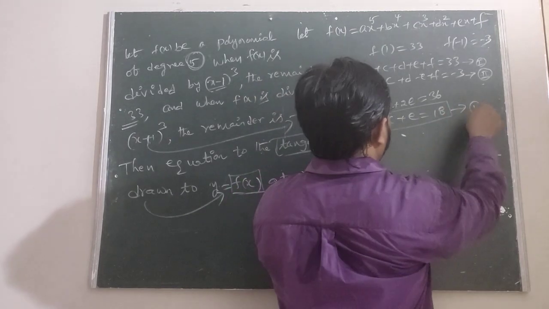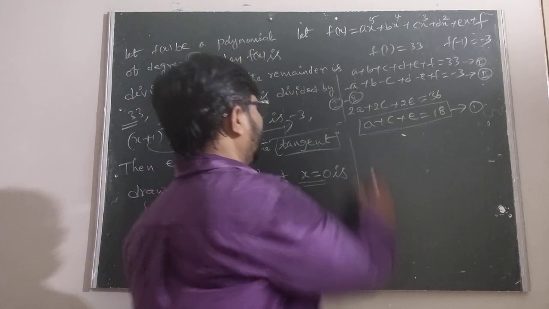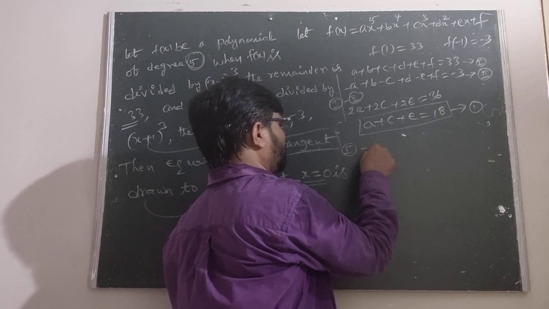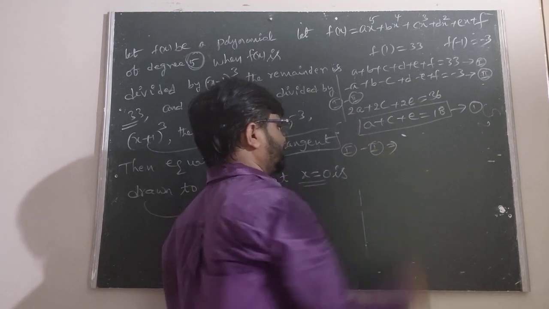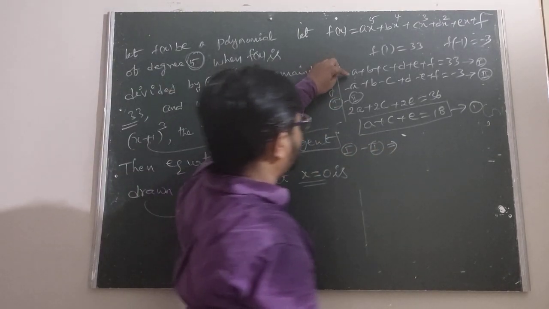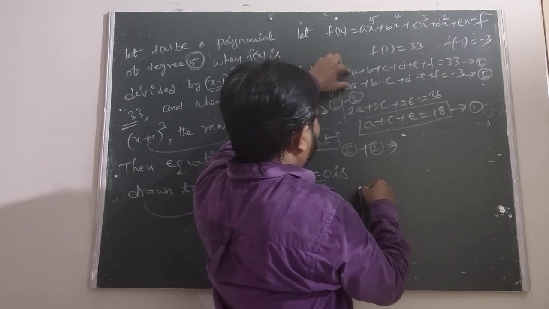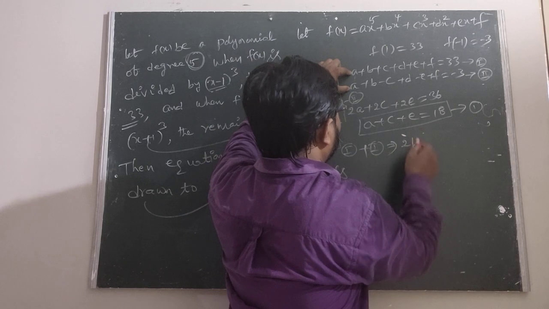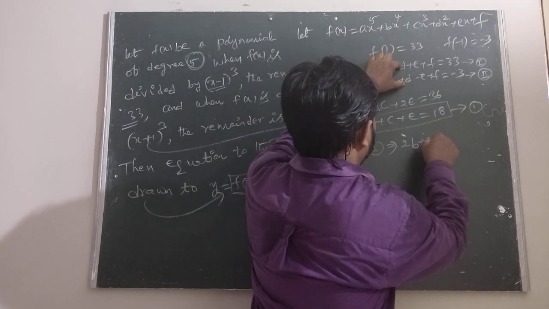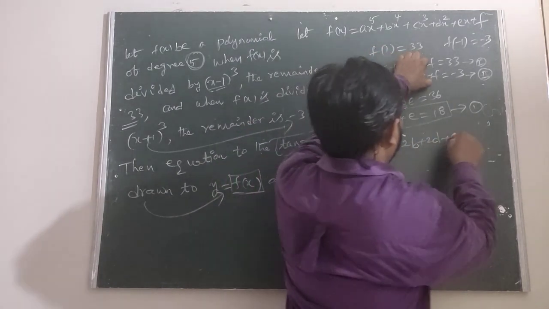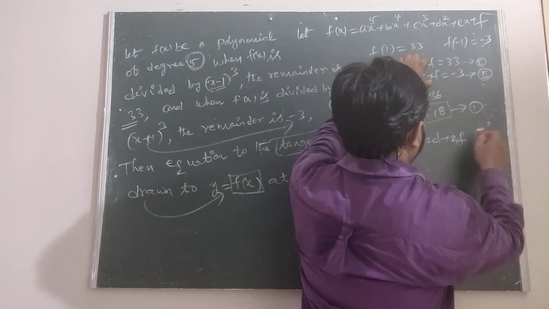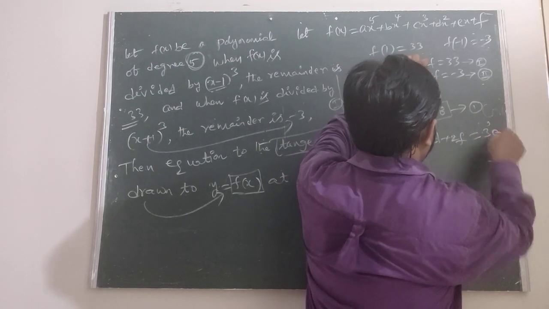Now taking 1 plus 2, the a cancels: 2b plus 2d plus 2f is 30.